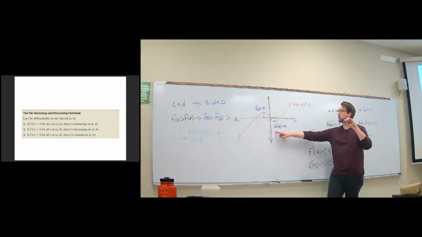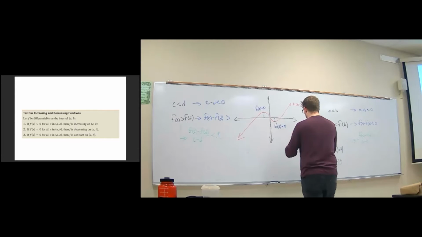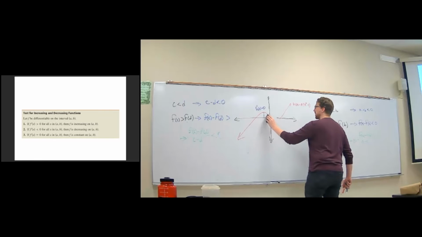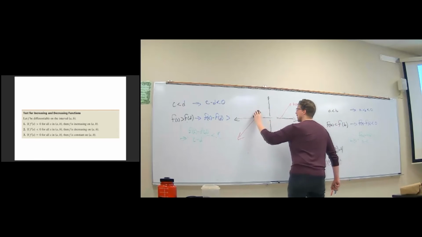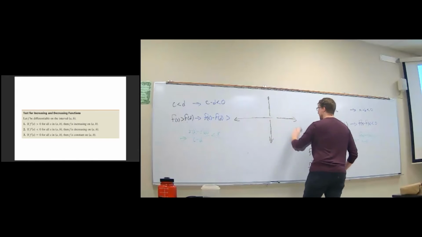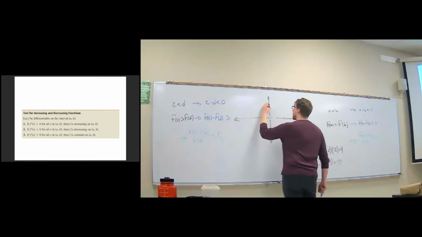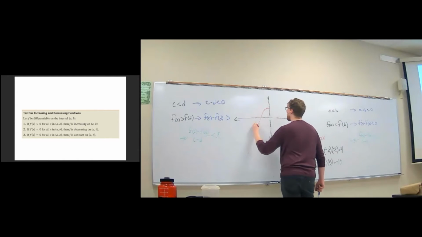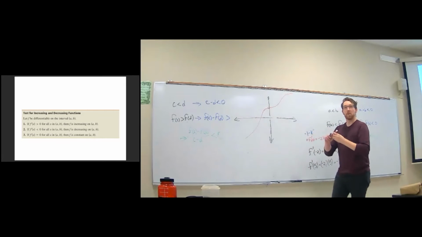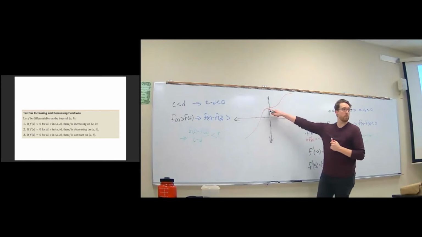Cool. That makes sense. There is one other time this can happen, and this actually follows from both of these conditions combined. We could have a derivative of 0 right here.